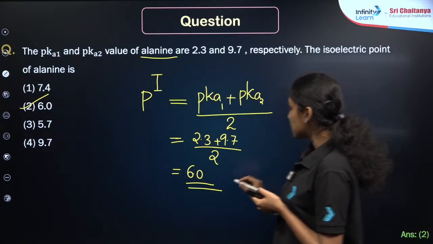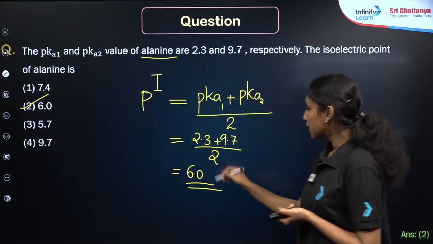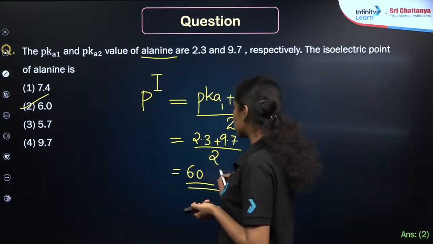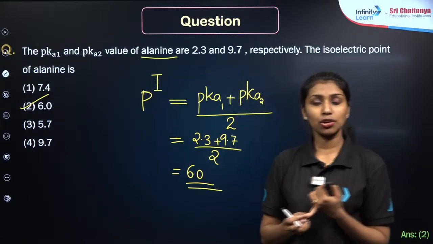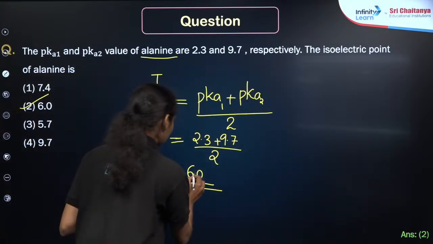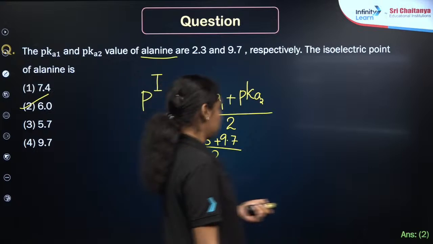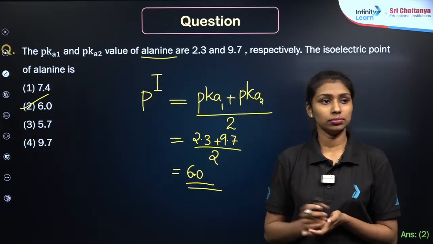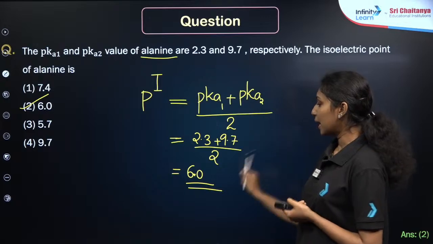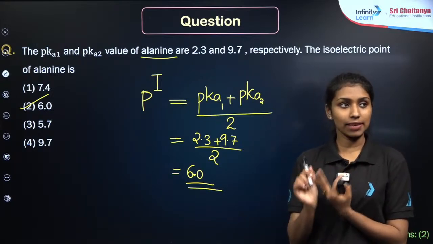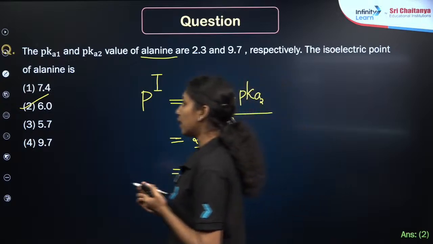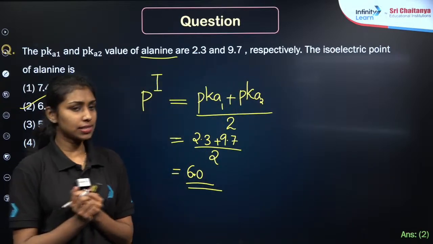For example, if I take alanine, whether it is an acidic or basic amino acid based on the pI value, what is the nature of alanine? The pI value is 6, which is less than 7. So, we can say that alanine is acidic, right?